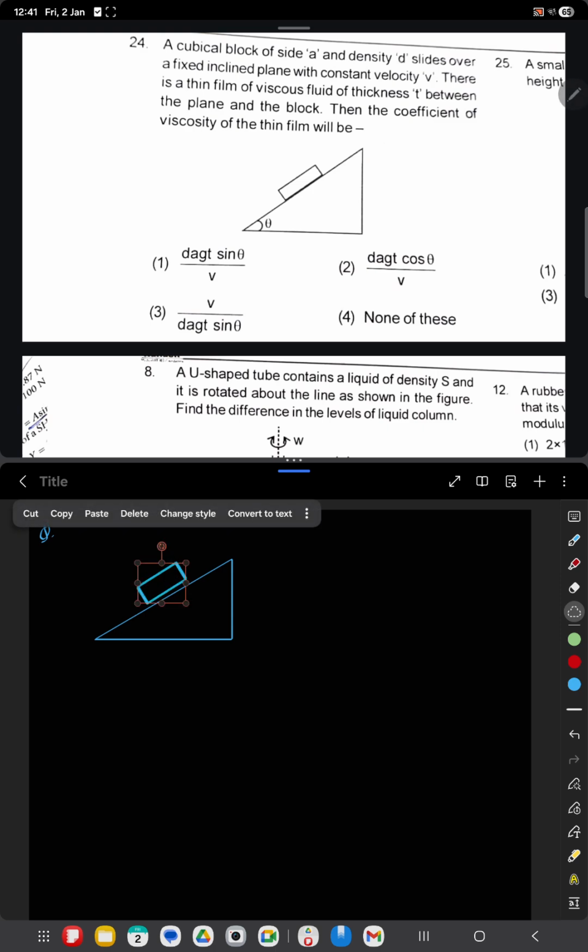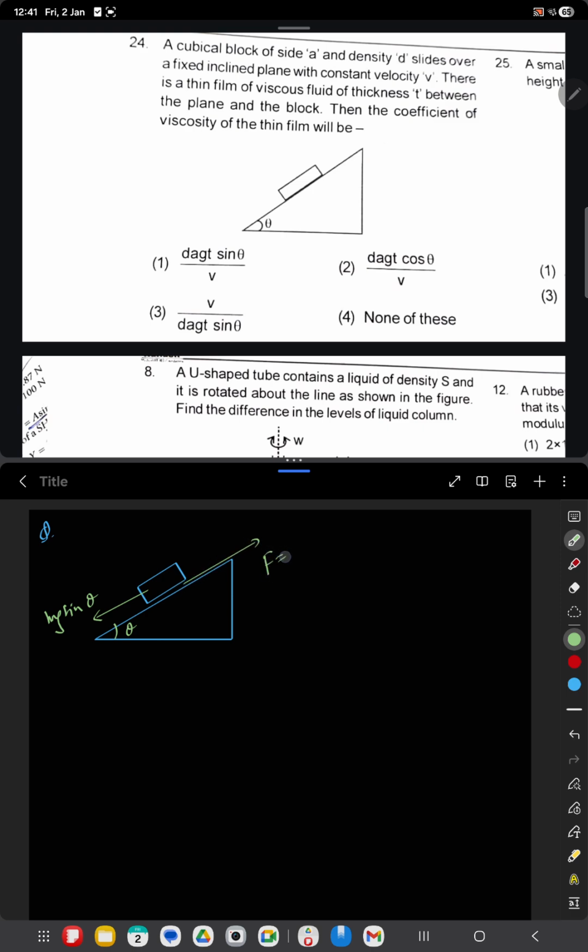So let's draw the free body diagram. This one is theta, that means mg sin theta will act over here, and one drag force will act in this direction. That drag force is equal to eta A dv by dy. The face adjacent to this incline will have a velocity 0, and the liquid film adjacent to this block will have velocity v, because the block is also having velocity v.